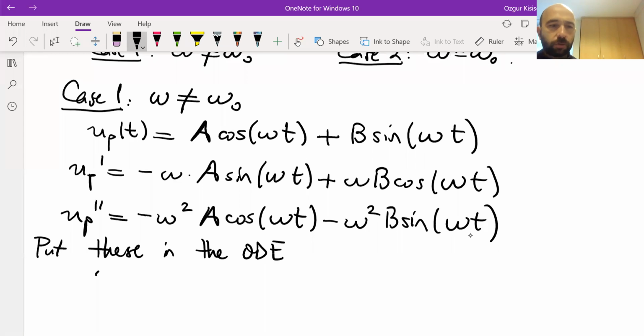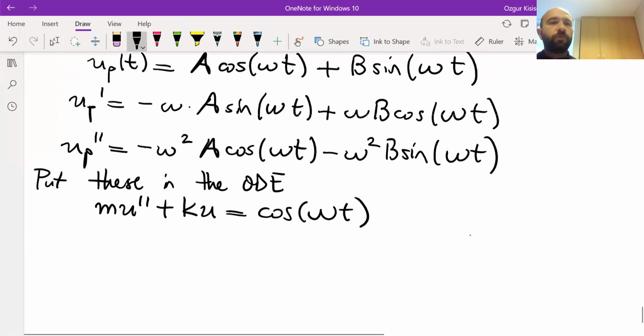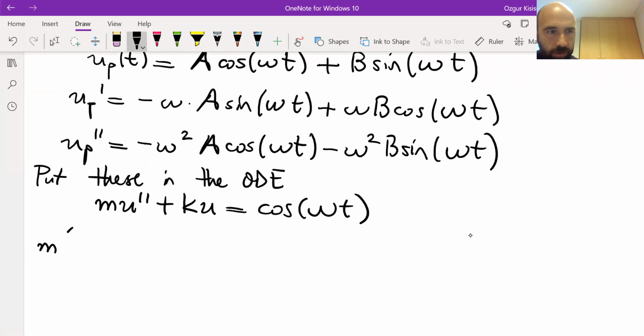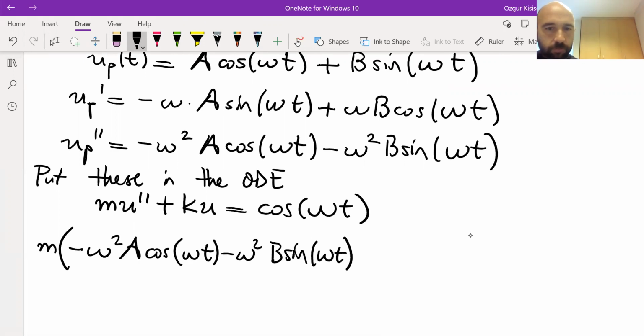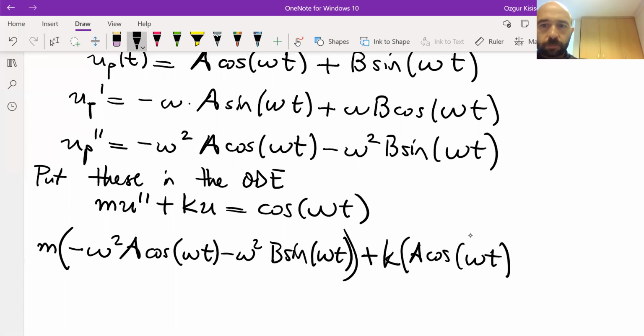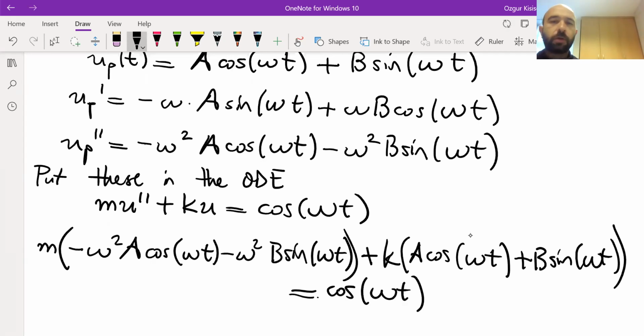Okay, our ODE is m u'' plus k u equals cosine omega t, right? So if you place them, you'll see that you get m times this double prime plus k times u equals cosine of omega t, right?